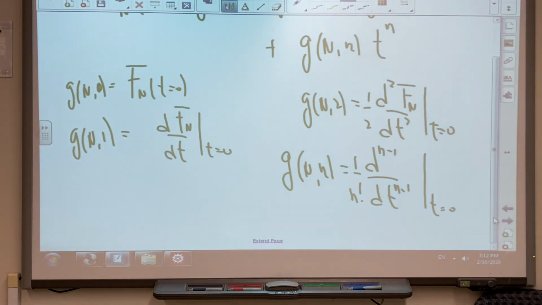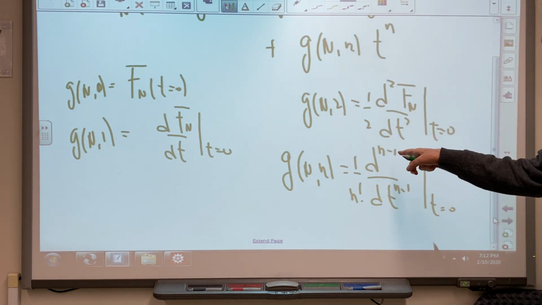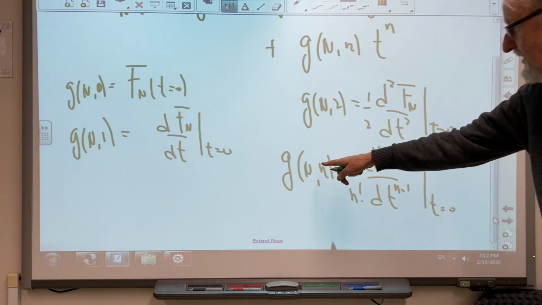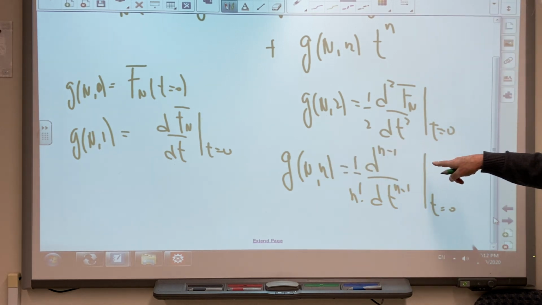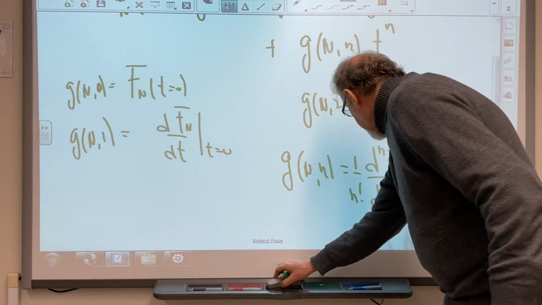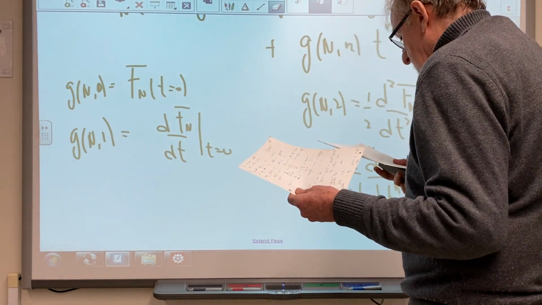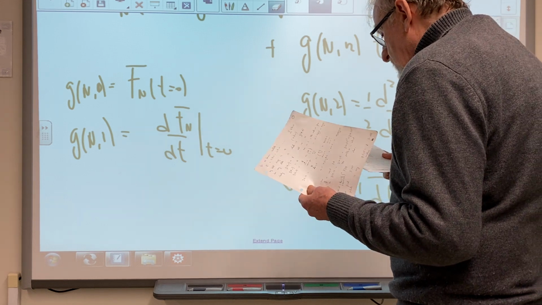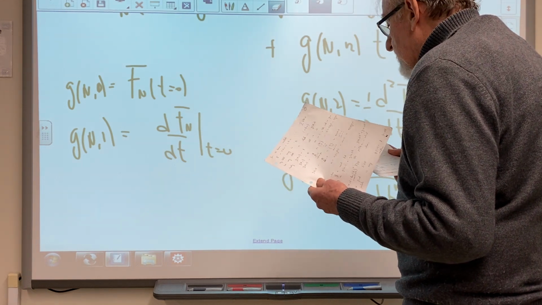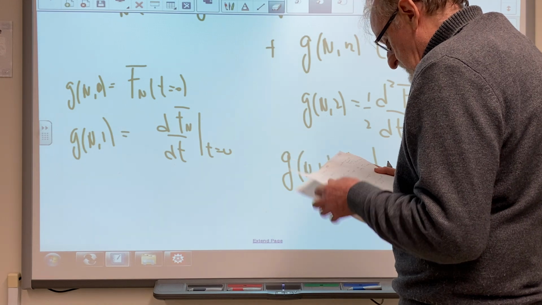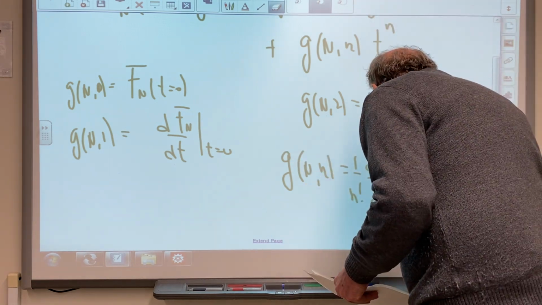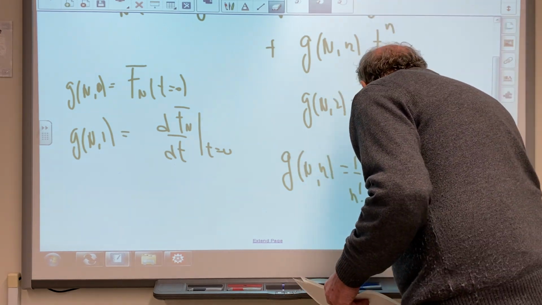Okay, the third derivative will be... no, here it is the nth derivative, sorry. The nth derivative, absolutely, yes. It's the nth derivative of the function calculated and divided by n factorial.